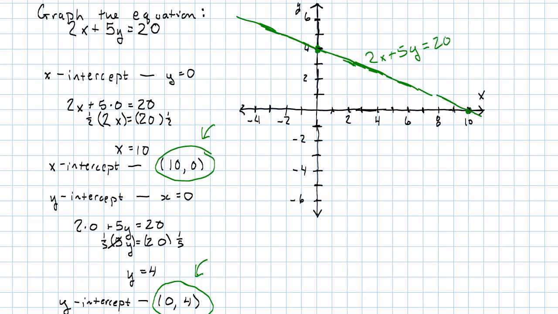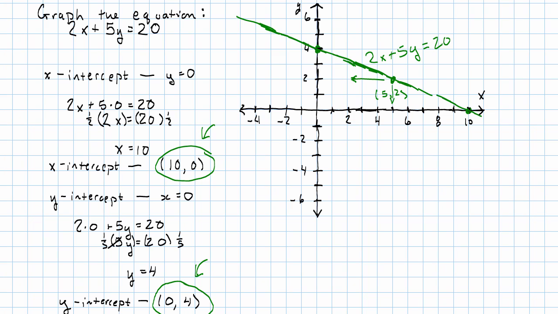How could we check that we've gotten the right line? Well, this point right here is a point that's on the line that we drew that wasn't one of the ones that we used to graph it. This is the point x equals 5, y equals 2.